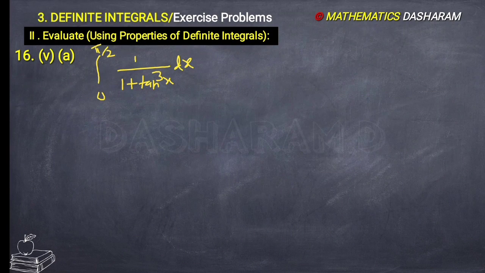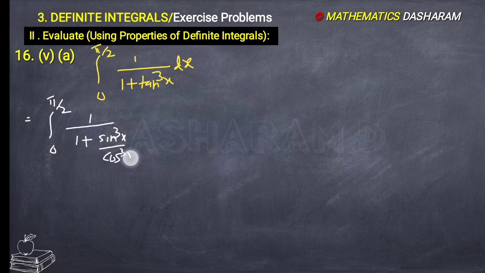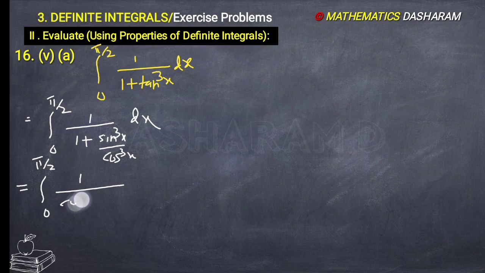So next question: integral 0 to pi by 2 of 1 by 1 plus tan cube x dx. So it is equal to integral 0 to pi by 2 of 1 by 1 plus tan cube x, using the formula sin cube x divided by cos cube x, dx. 1 by, here the LCM is cos cube x, so cos cube x plus sin cube x divided by cos cube x, dx.